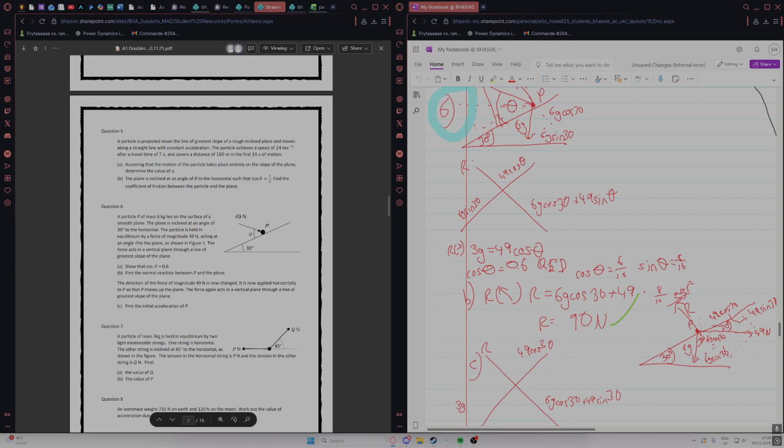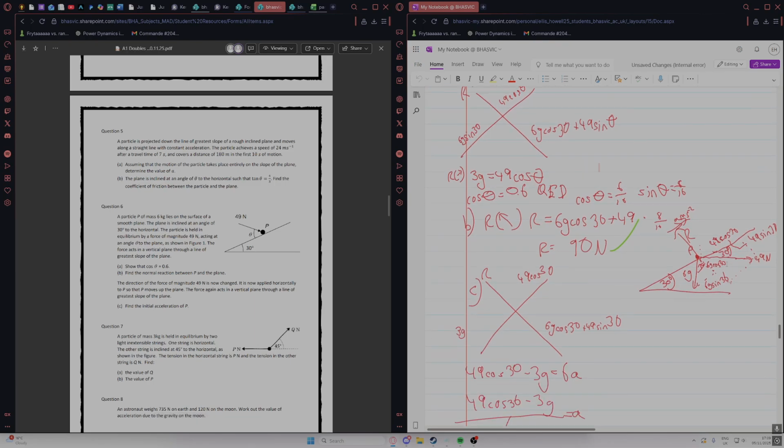Now we're finding r, so you just resolve the other perpendicular to the plane. Simple stuff. Then it's changed now, so the force is different. I've redrawn it now, and I've re-resolved everything. And it acts in a vertical plane.